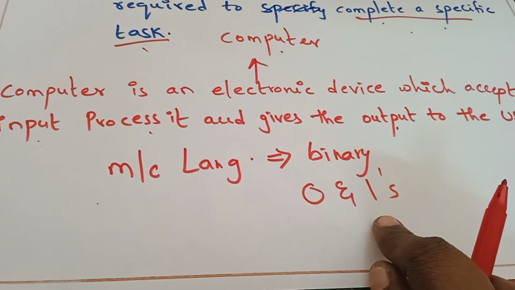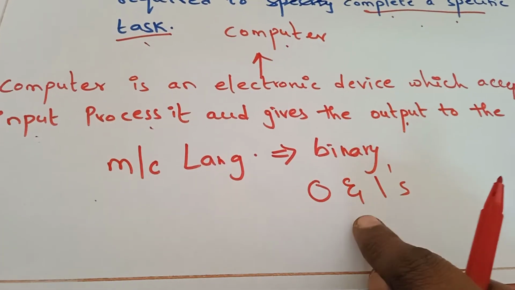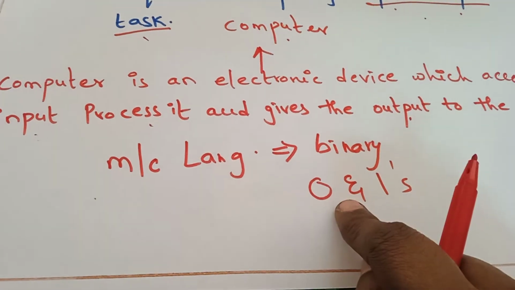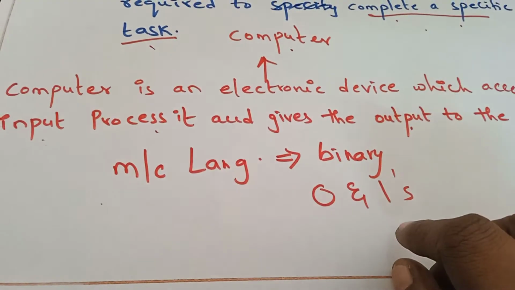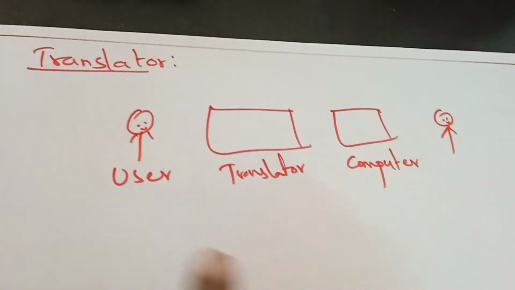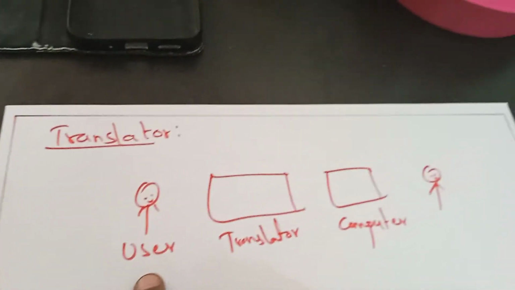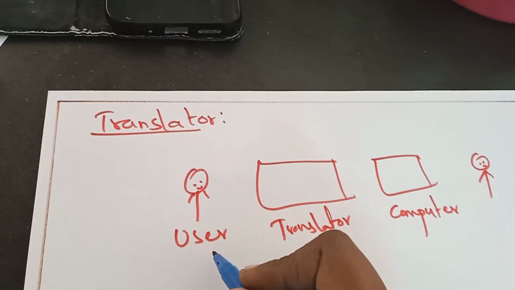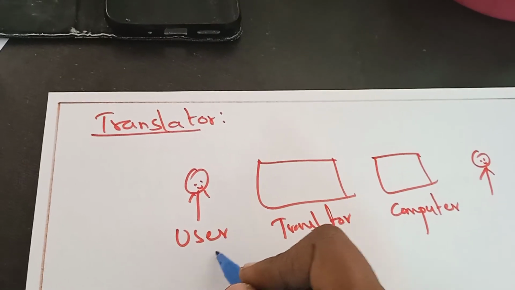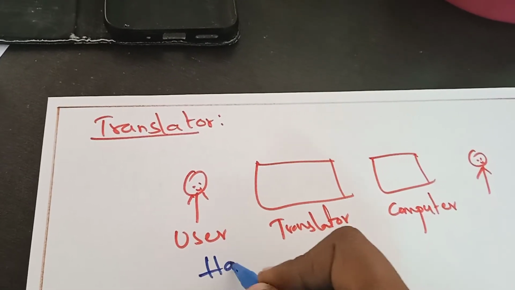So we need a translator, which should take the input and give it to the computer. Now look at this. Here is a user who wants to print the output "hi".